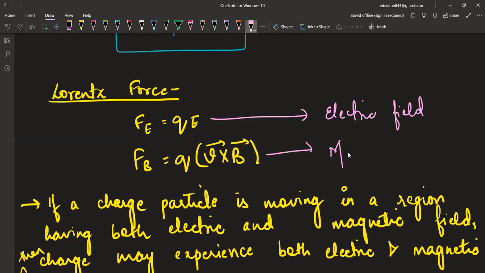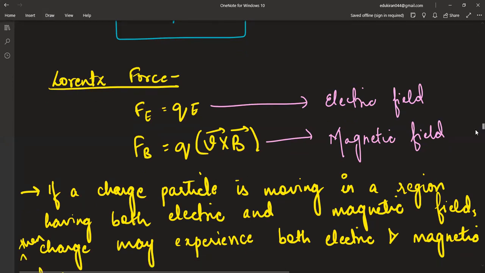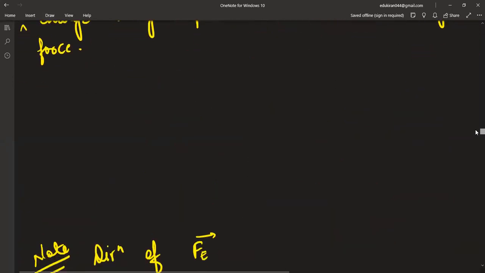What if a magnetic field is present? That also we have seen. If a magnetic field is present, then the formula of magnetic force is Q V cross B. Suppose the charge is in a region where the electric field is also present and the magnetic field is also present, then you will add both the forces to get the cumulative force, right?